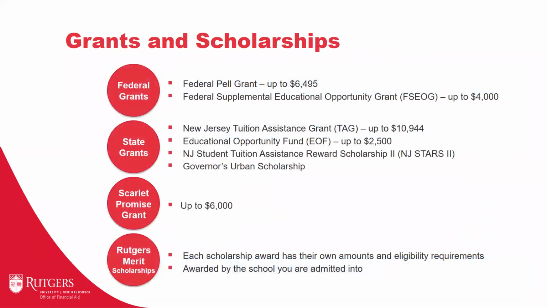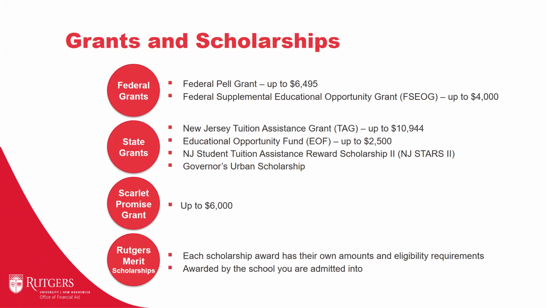Okay, so different types of grants and scholarships. We have the federal Pell Grant. Of course, it's determined by completing the FAFSA, and also the Federal Supplemental Educational Opportunity Grant. That's a long name for a grant, but this is the FSEOG grant, where a student could be eligible for up to $4,000.